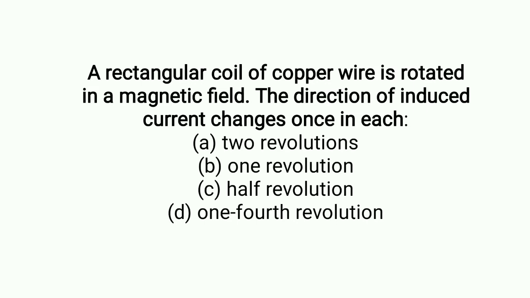A rectangular coil of copper wire is rotated in a magnetic field. The direction of induced current changes once in each half revolution.